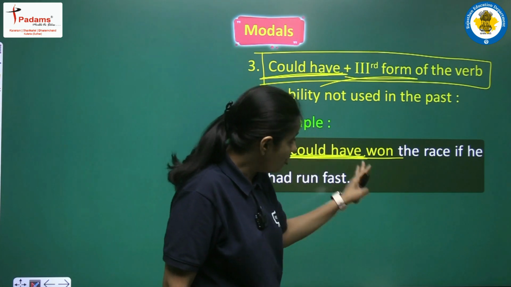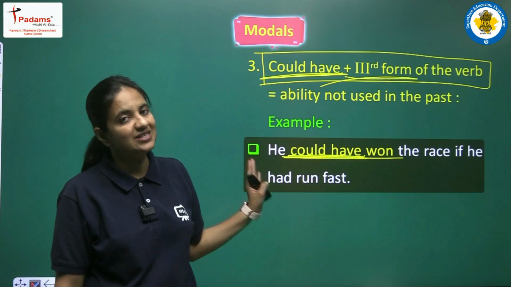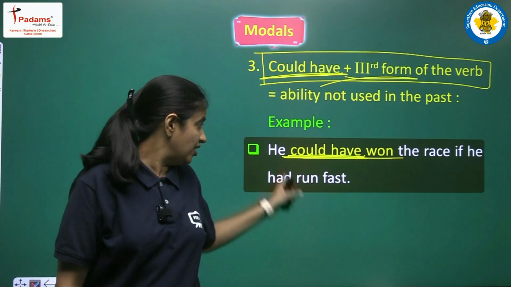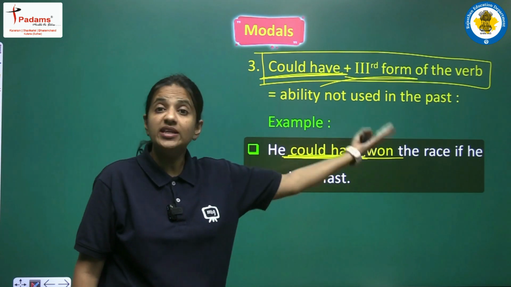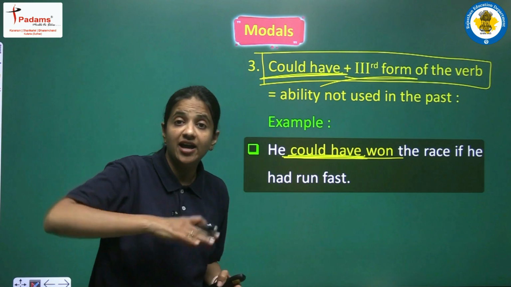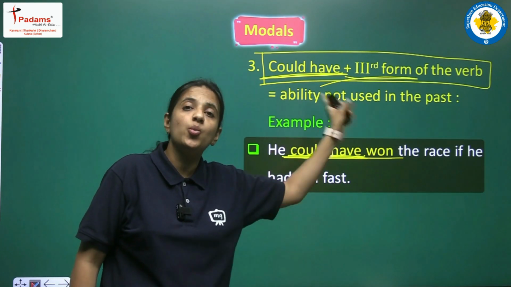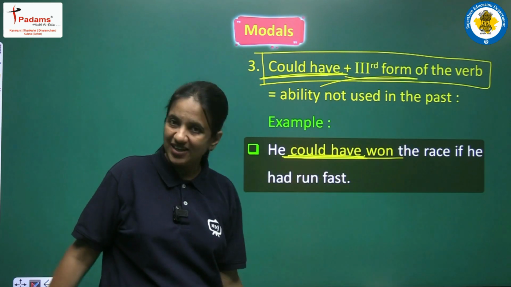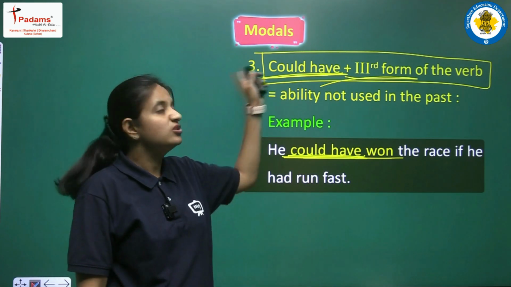He could have won the race if he had run fast. What does the sentence mean? It means that we are talking about one person, and that person actually did not win the race. So we are saying that yes, if he actually had run very fast, then definitely he could have won the race. So in this manner we can use this structure, this pattern, and we can use could in this sentence.